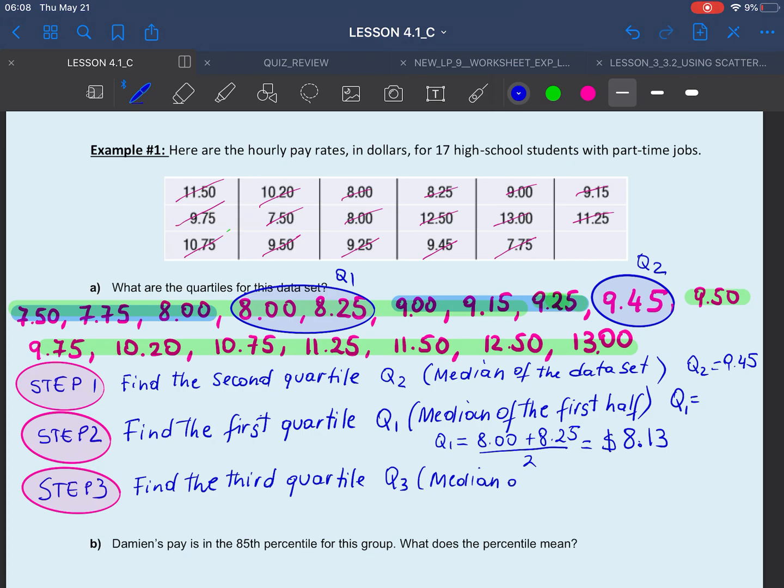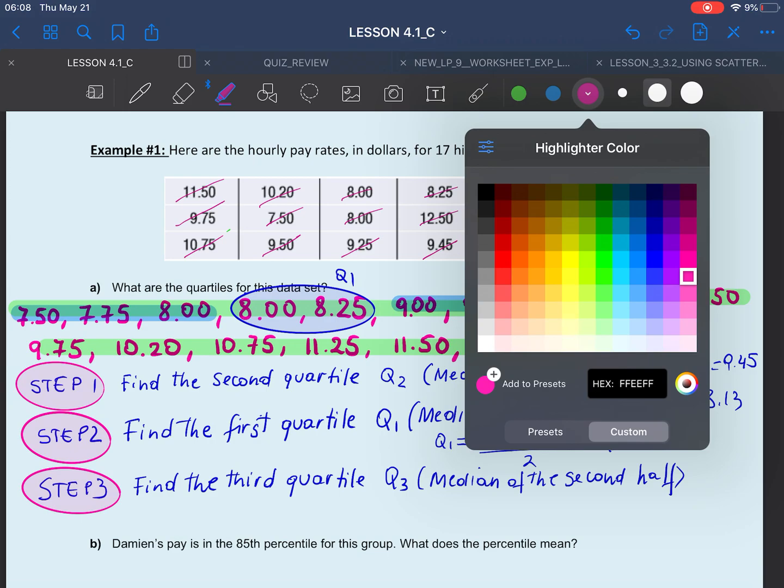So that's Q3, and it must be the median of the second half. And the median of the second half is found in the same way we found Q1, obviously.